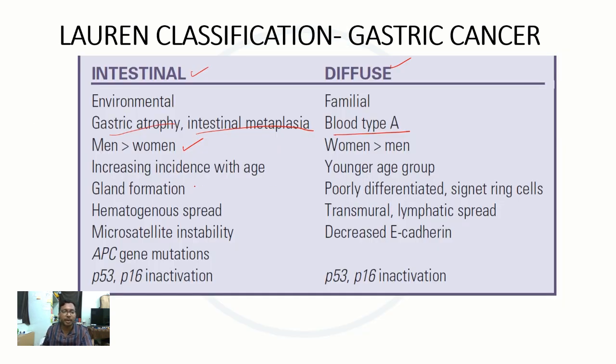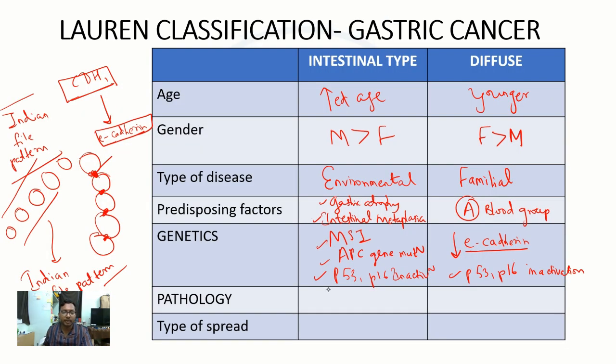Then coming to the pathological aspects. What you see in microscopy is gland formation, which is seen in case of intestinal type. Whereas, as I told you just now, in diffuse type the cells will be separated from one another.